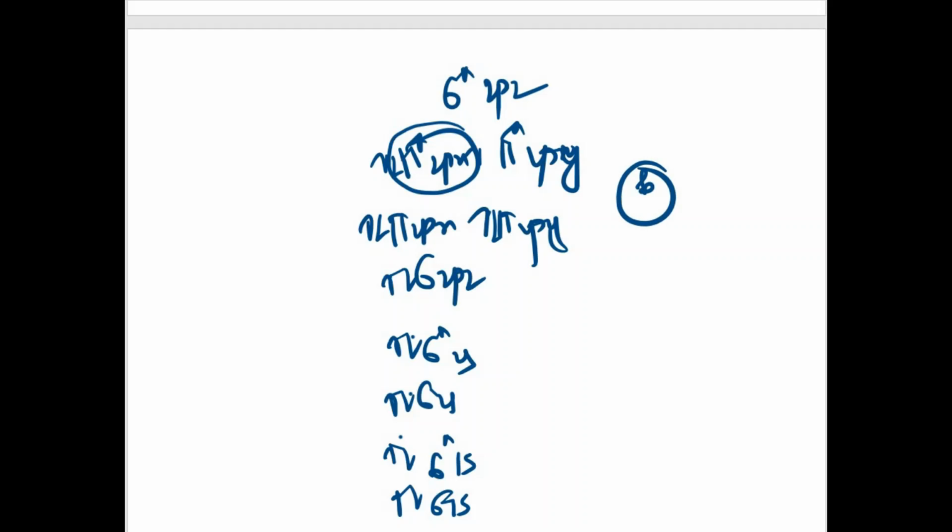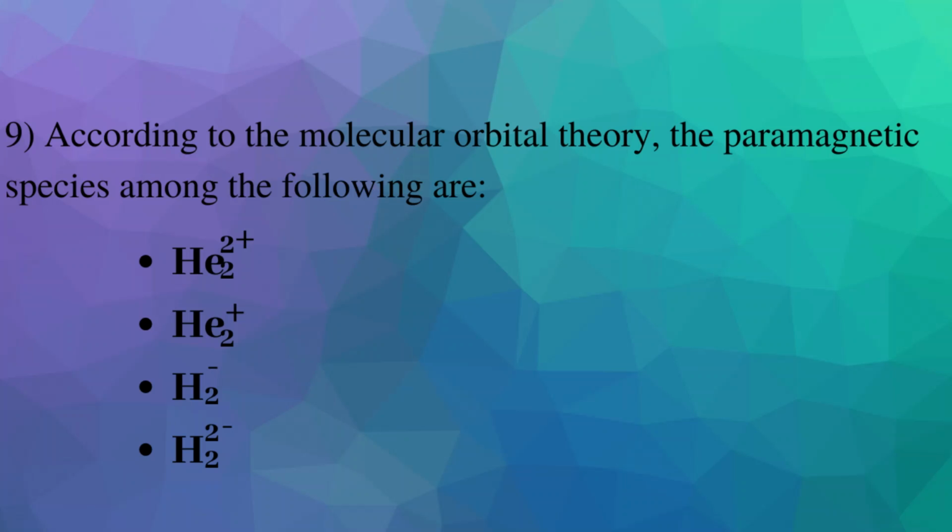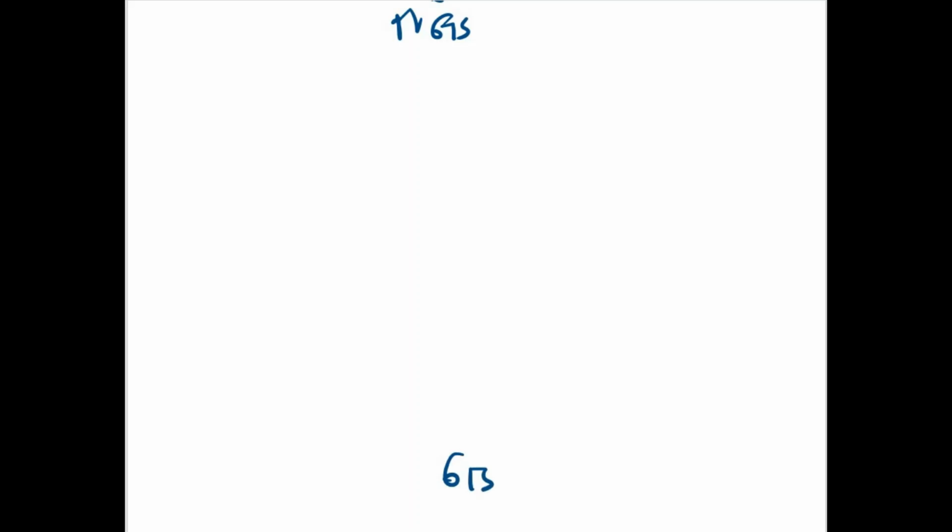Right? Next question. According to MOT, which will not be a viable molecule? So the options which are given all are 1s and 2s containing orbitals. So we'll not draw the whole structure. Let's just draw sigma 1s, sigma star 1s, sigma 2s, and sigma star 2s. Now, what do you have? You have helium.